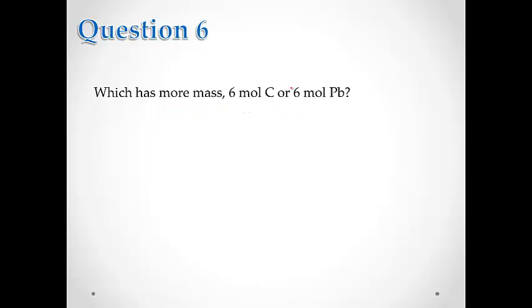All right, in the next one though, it says which one has more mass. So we're looking for more mass, and again we have the same 2 things, 6 moles of carbon, 6 moles of lead. Now they do have the same number of particles, but it doesn't mean that their masses are the same. So if we look at the molar mass of the lead, we see from the periodic table that's 207.20 grams per mole.